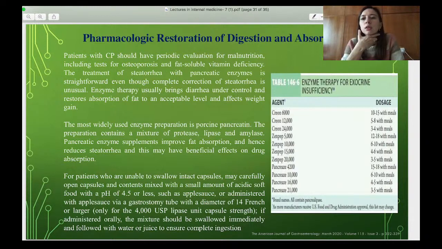And the different doses depend on the stage and manifestation of chronic pancreatitis. Maybe mild stage, maybe moderate, maybe severe, and the doses of pancreatine depend on this stage.